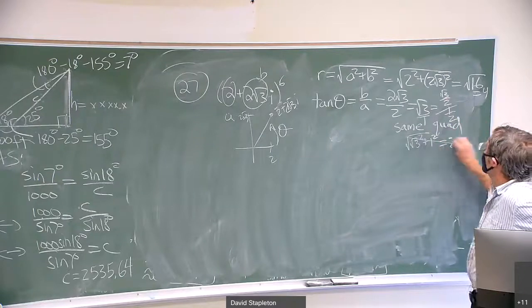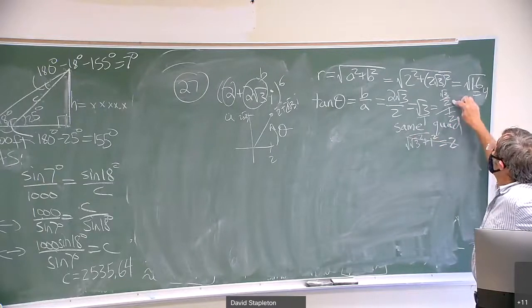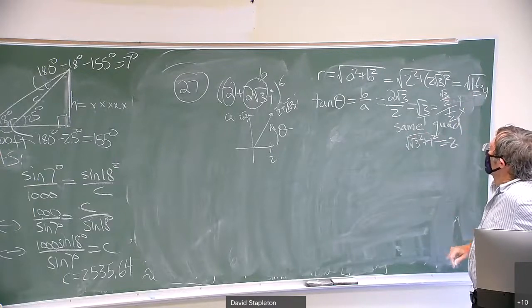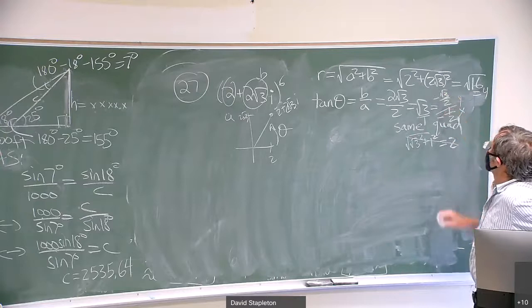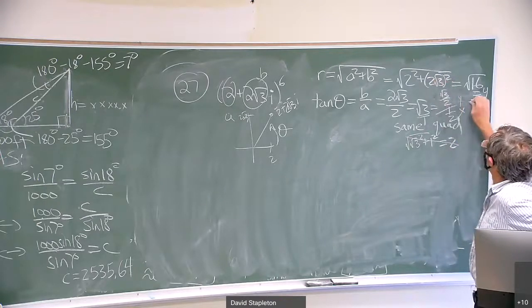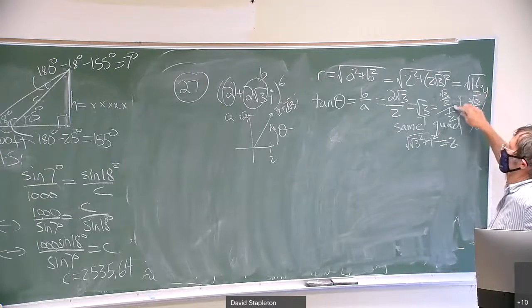You memorize these, right? Now, if this is B and this is A, or Y and X, is it in the right quadrant? It could also be minus this over minus this and have the same quotient. There's two cases, right? So there's this one, and there's minus root 3 over 2, minus a half. Well, this is in quadrant 3. We throw it out. We keep the one in quadrant 1.